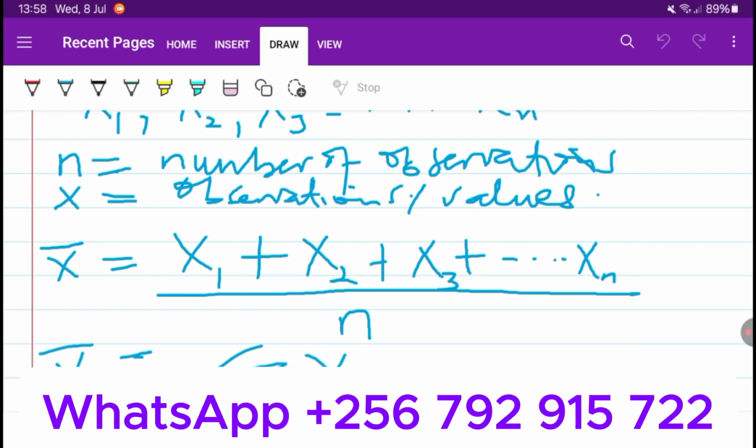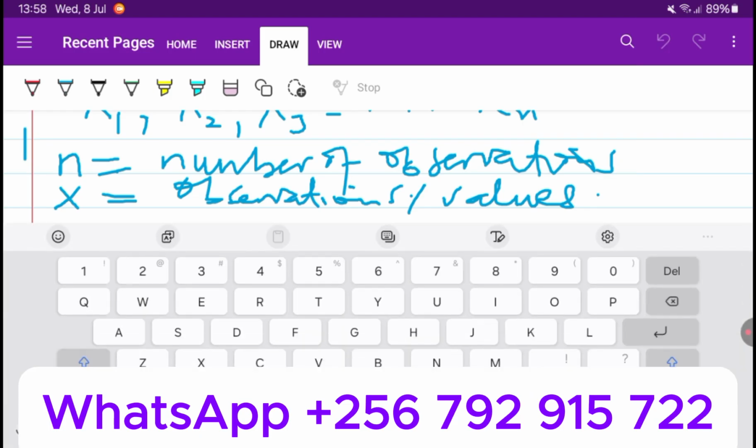This n is actually the number of observations. Then summation x means the sum or the total of all the values of x.